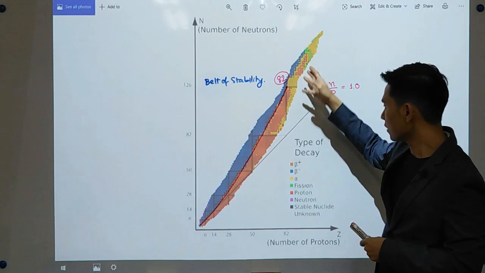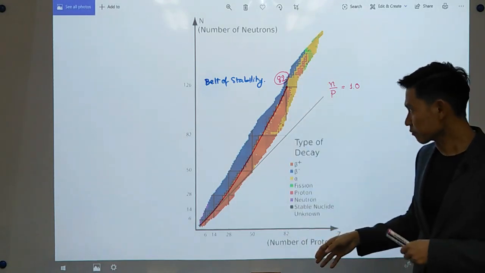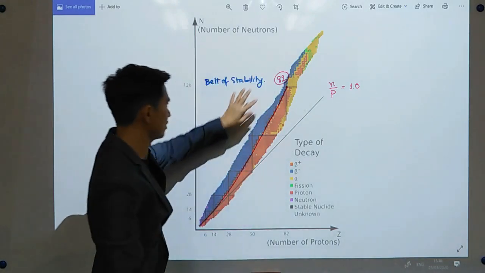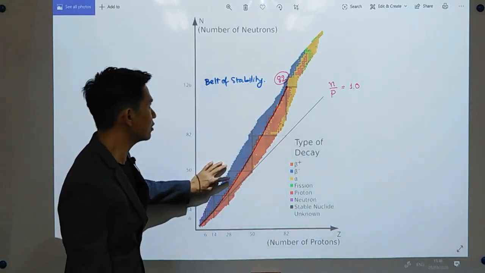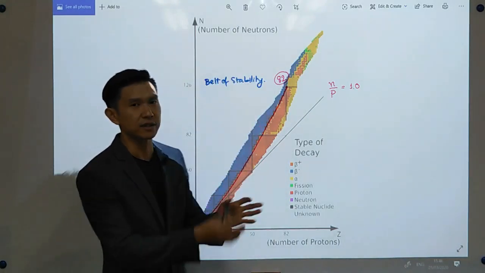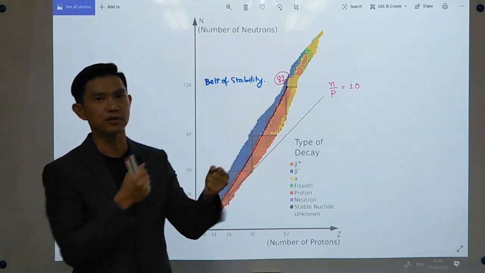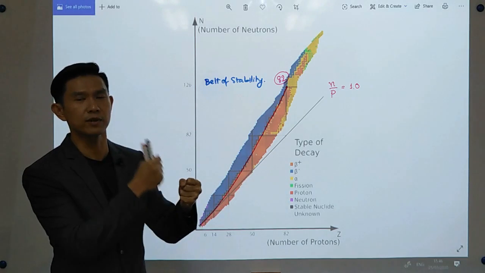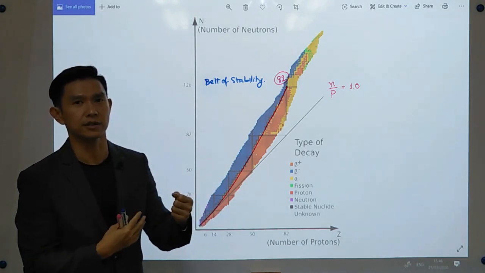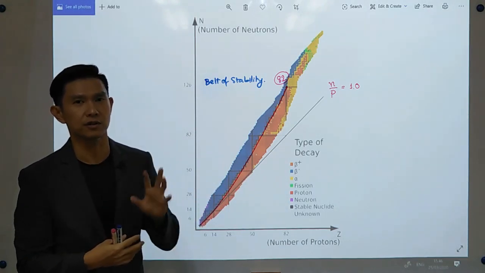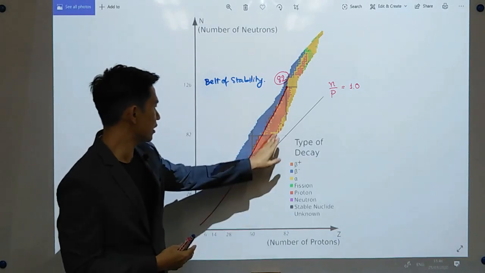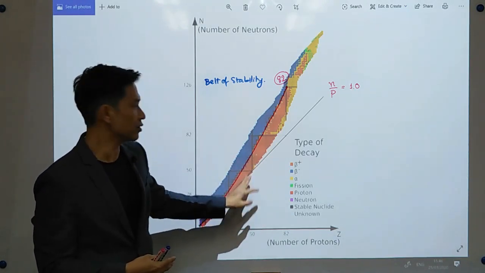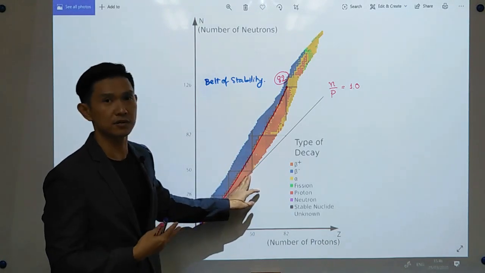And if it is less than 82 but it's not on the belt of stability, it may be because you have too few neutrons. So the repulsive force of the protons is so strong and you do not have enough neutrons to stabilize the system. So your nucleus is not stable. This is N over P less than the belt of stability. So it has to decompose, right?